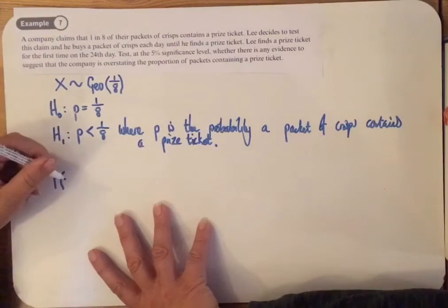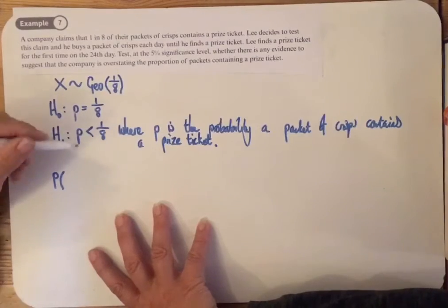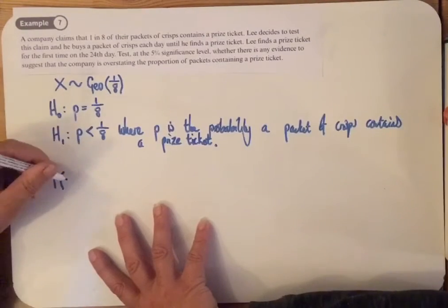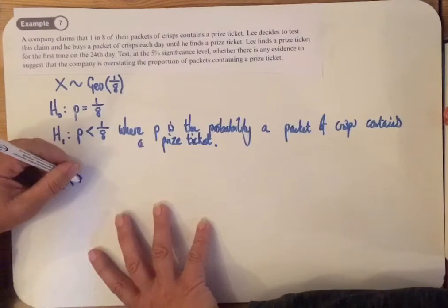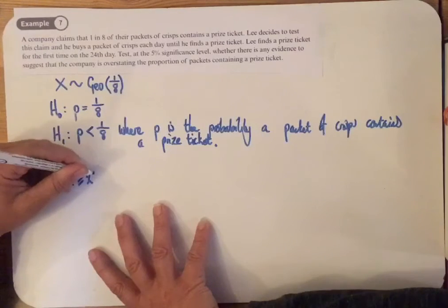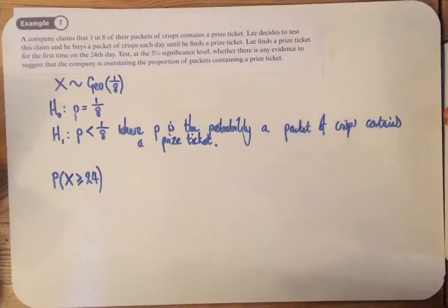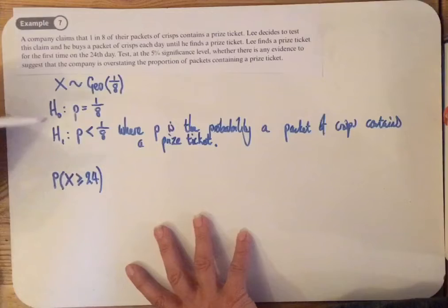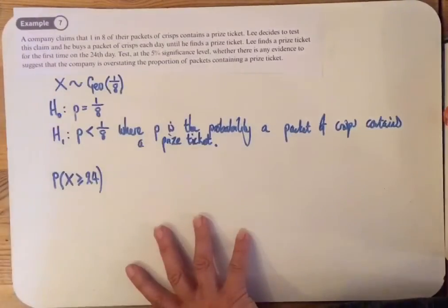And so rather than finding the probability X is less than or equal to 24, if you're just matching signs, it's not going to work. You actually want to find the probability that X is greater than or equal to 24. So you're going into the right hand tail of the distribution, because if P is less than 1/8, on average, it's going to take you longer each time to get a success and win a prize.